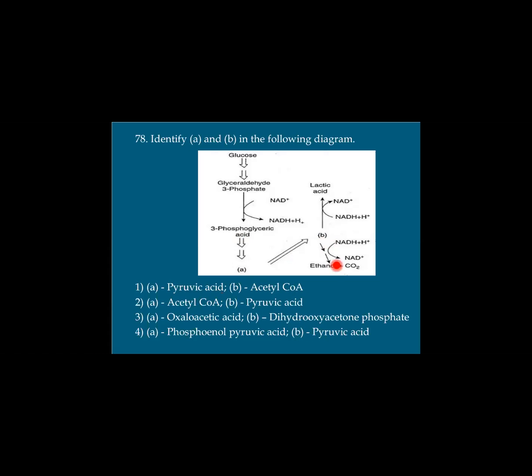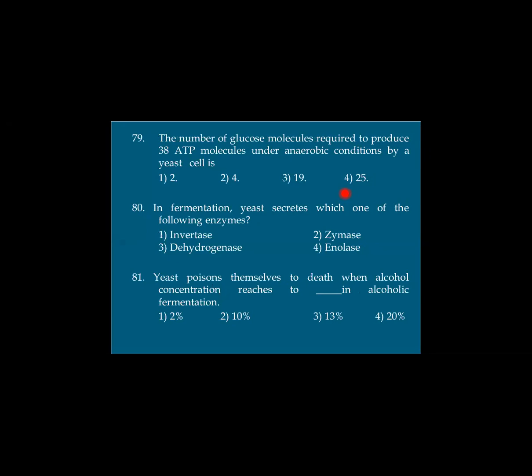Which are these two steps? Pyruvic acid converts to aldehyde first, and aldehyde is then converted into ethanol. Whereas lactic acid conversion involves a single step. Alcoholic fermentation involves two steps, aldehyde and then alcohol. Here direct lactic acid. So A is phosphoenol pyruvic acid and B is pyruvic acid. So option 4 is the answer for this question.